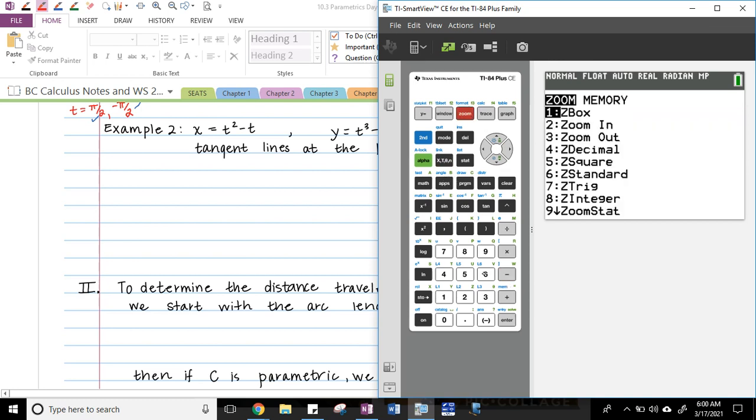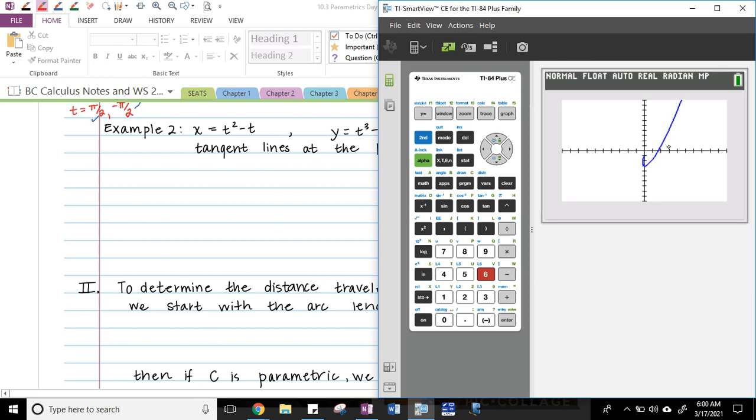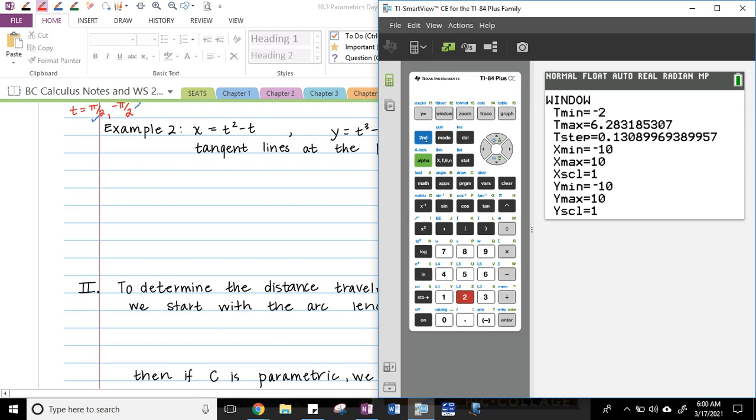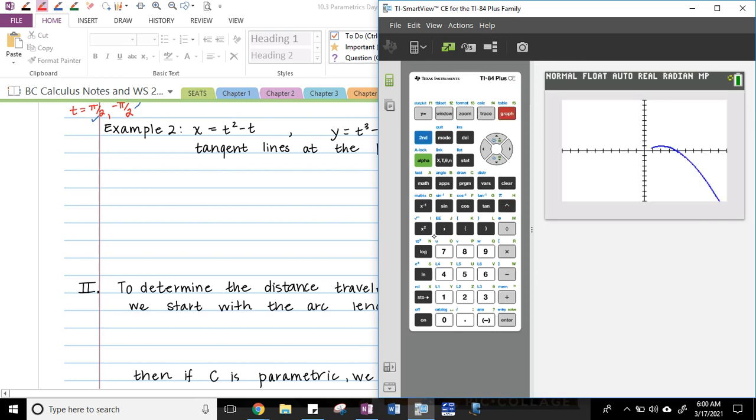I'm going to go back to Zoom 6. I always like to do that just to see if it's enough, and if it's not, then I go to negative 2 pi. That's just something I do. You don't necessarily have to do that.